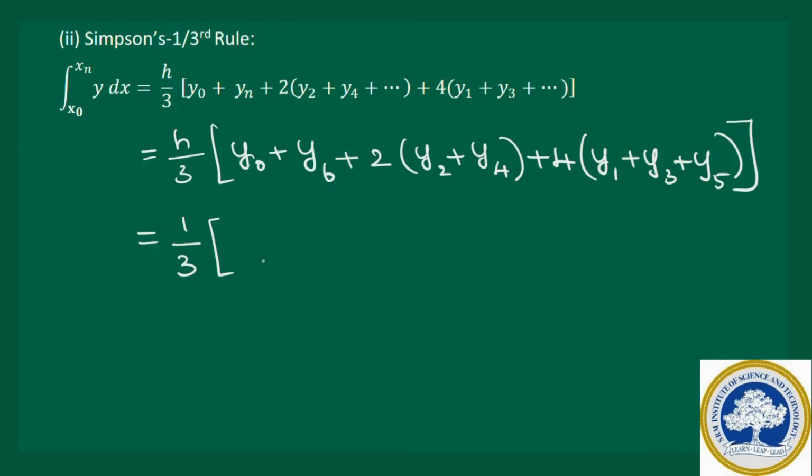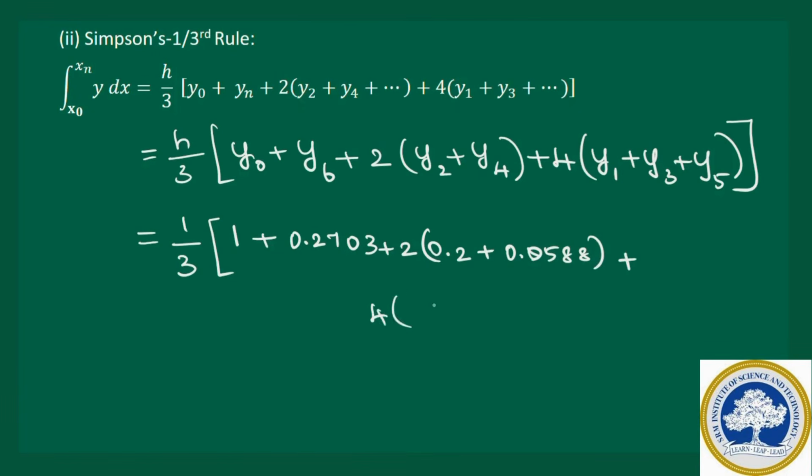So h is equal to 1. So 1 by 3 into y0, y0 is 1, plus y6 is the last term, 0.2703, plus 2 into y2, y2 is 0.2, plus y4, y4 is 0.0588, plus 4 times of y1, y1 is 0.5, plus y3, y3 is 0.1, plus y5, y5 is 0.0385.